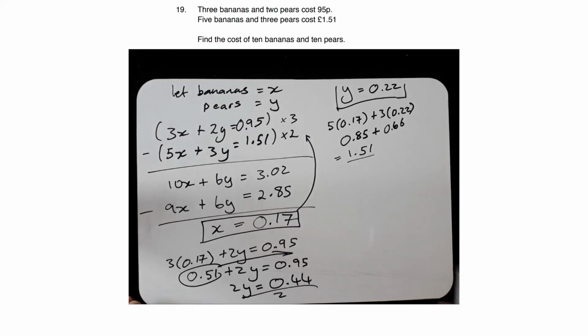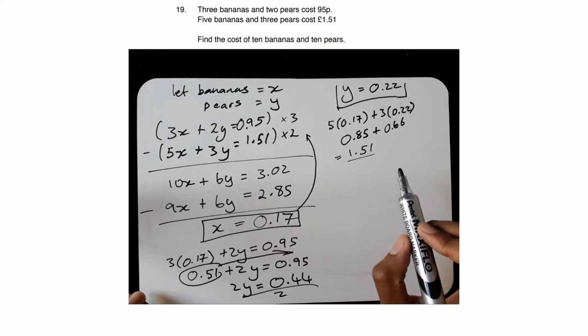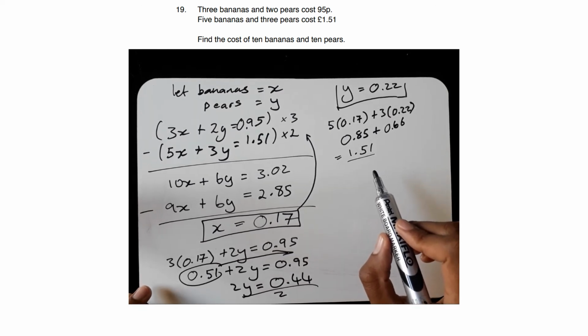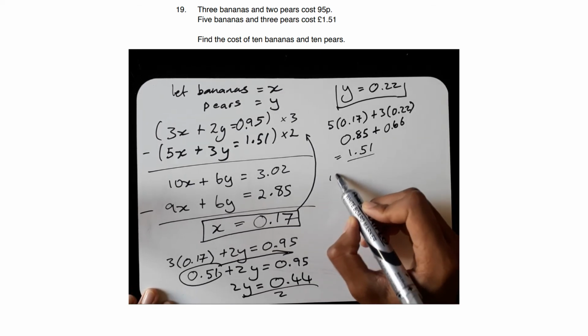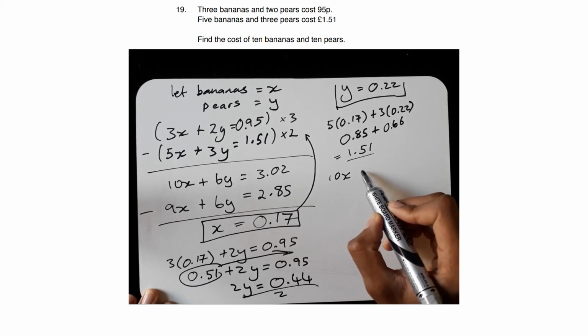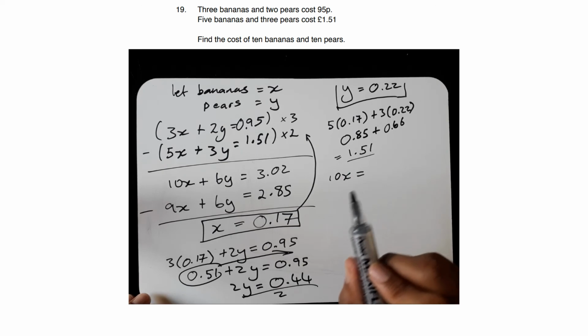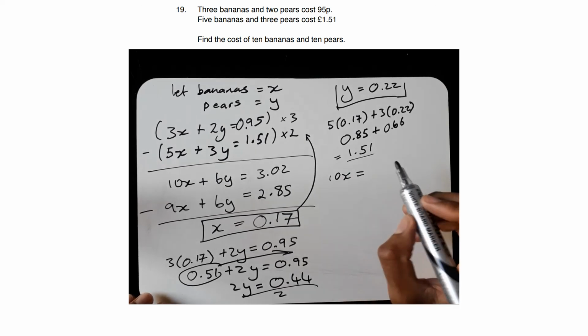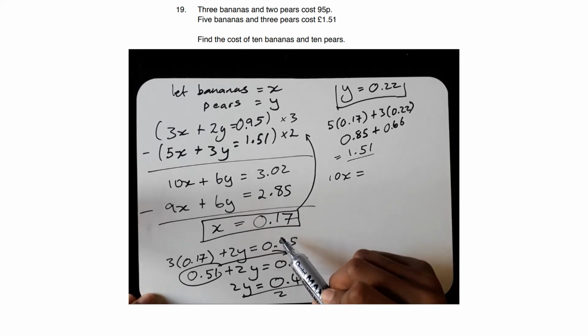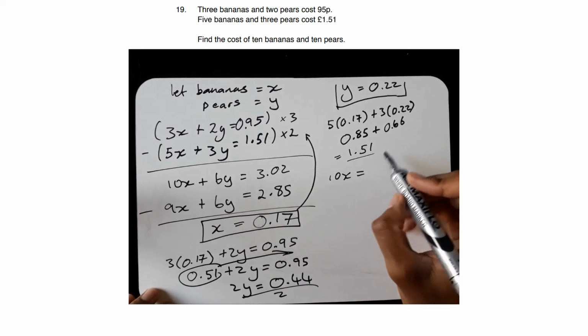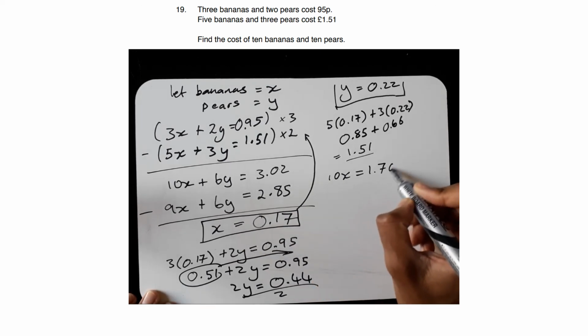So the cost of 10 bananas would be 10x, which is equal to, we move the decimal point once, so 1.70.